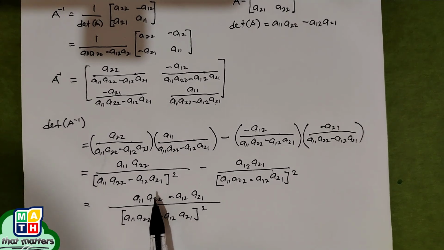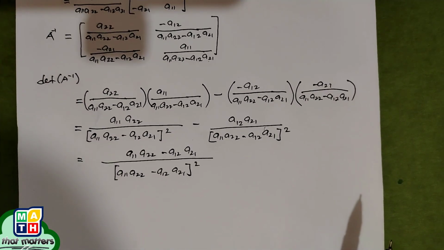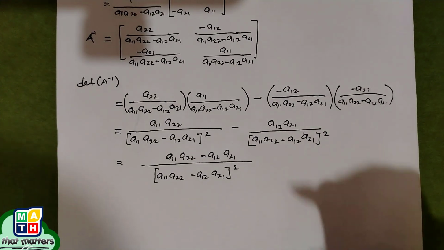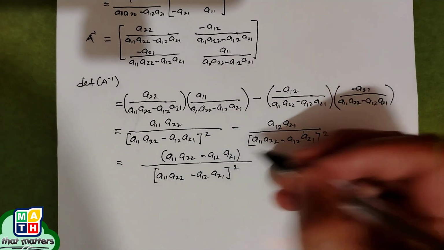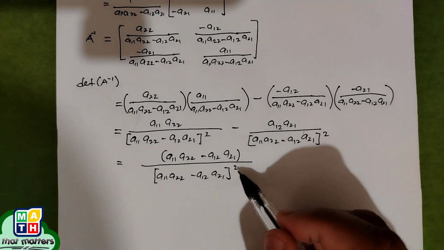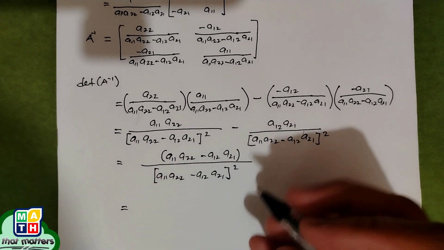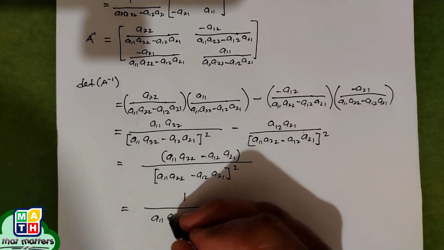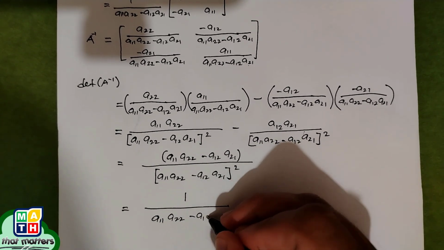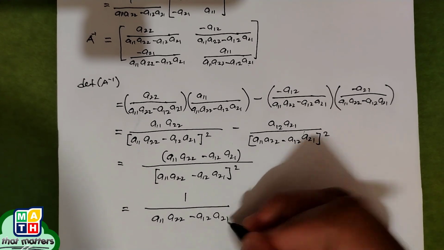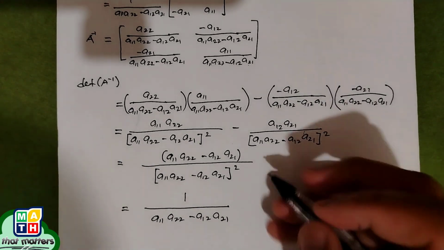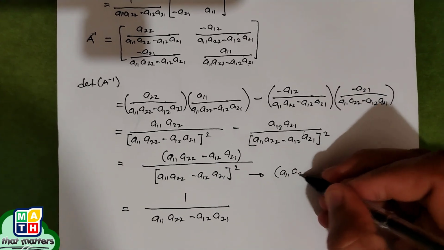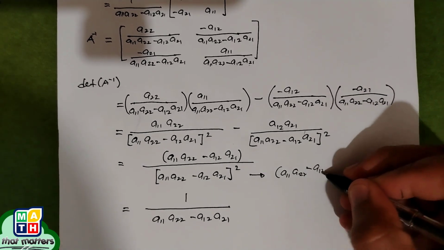Now look at the numerator and denominator. They are of the same expression. So you can cancel one of the two here. What you have now is just simply 1 over A11 A22 minus A12 A21, because again, the denominator has two of those binomial expressions.